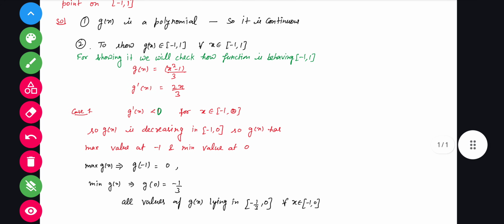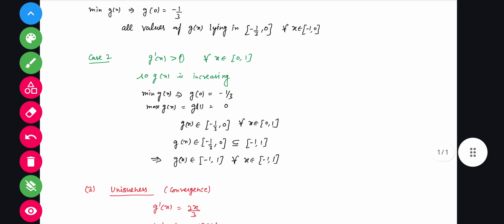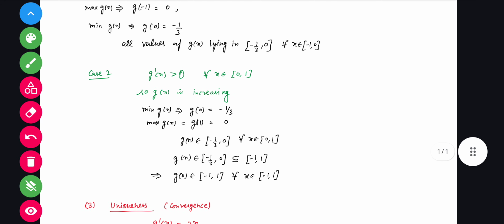And then the third condition is that the absolute value of g dash of x should be less than 1. For that we can replace x with the value in the given interval that makes the derivative maximum, so we take the absolute value of g dash maximum of x.